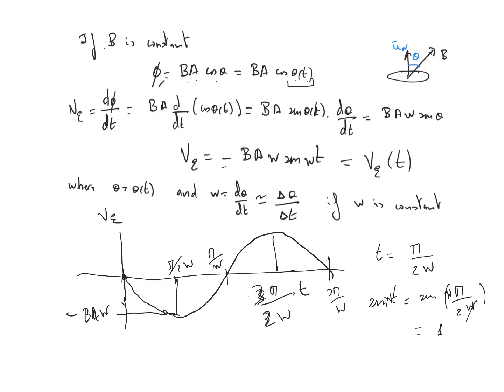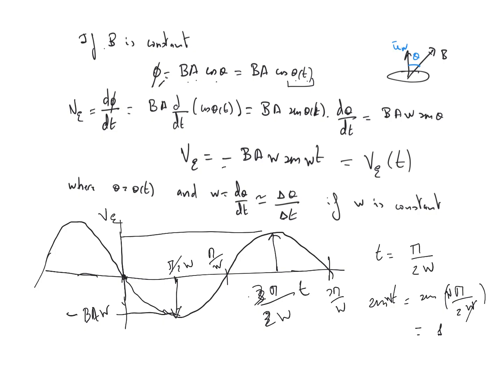So this is the graph. This is the maximum value when theta is 3 pi over 2, and this is the minimum value. So from this side, where t is negative, the function will go like this.